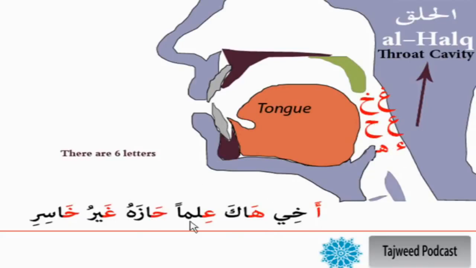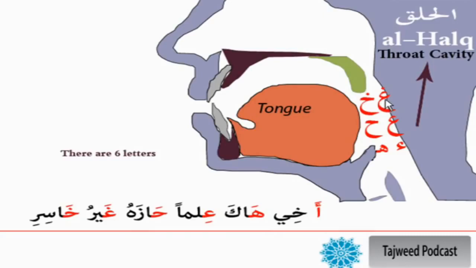Now the 6 letters of the Arabic language are produced in this manner by putting sukun on the letter, and if you put your hands around where the vibration and the sound is echoing, you will find that makhraj.